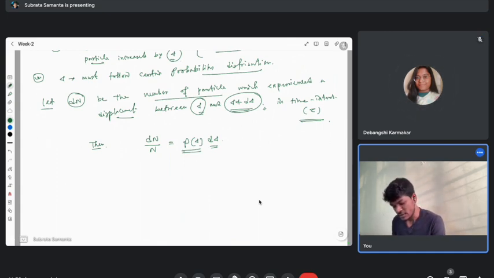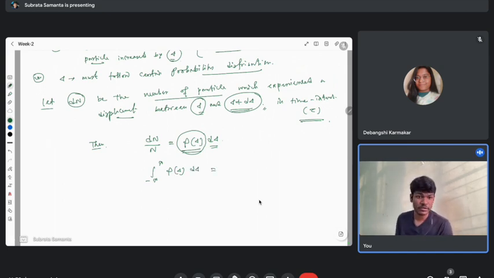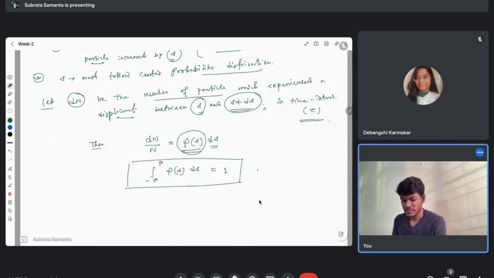Then, normalizing, this is a probability distribution, so we integrate from minus infinity to infinity over the whole range of delta, phi delta d delta, because delta can take any value, negative or positive, in any direction. It gives one. This is the normalization.